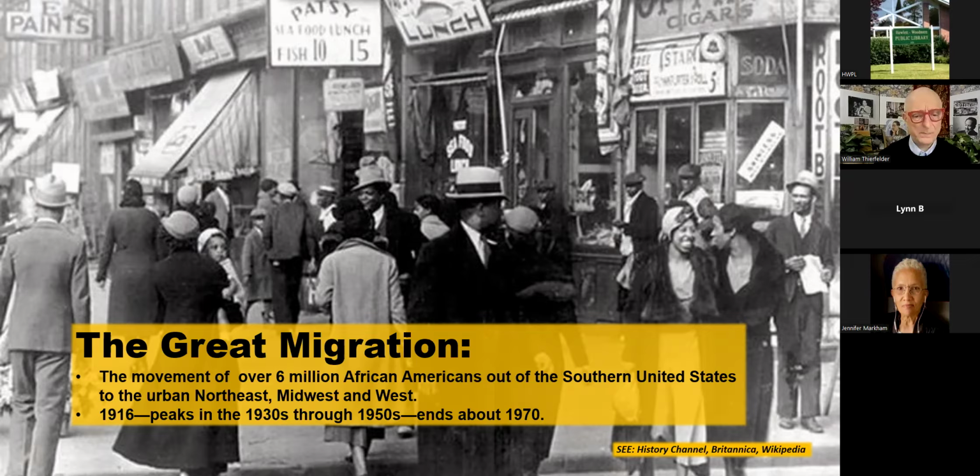Blacks were just fed up with and terrified by the rampant discrimination and violence of the South, and they moved to cities like Chicago, Milwaukee, Detroit, and of course, New York. Now, this migration started around 1916, peaked in the 1930s through about the 1950s, and ended about 1970.